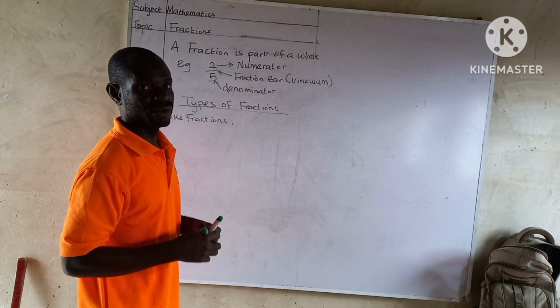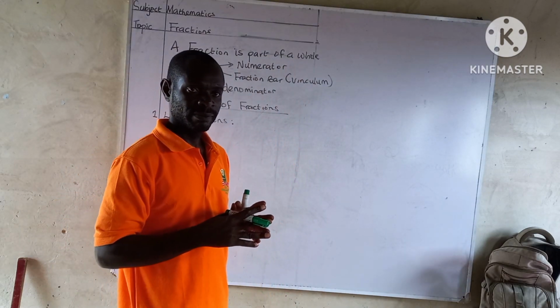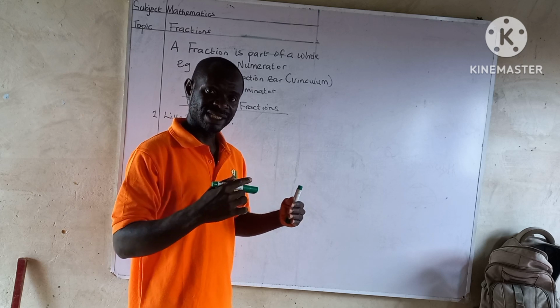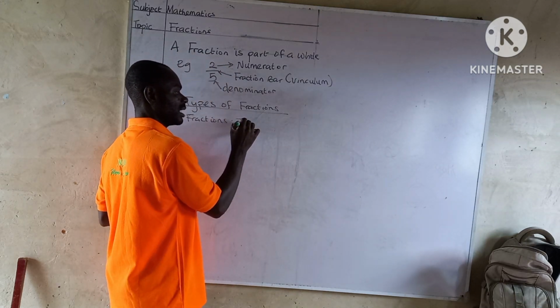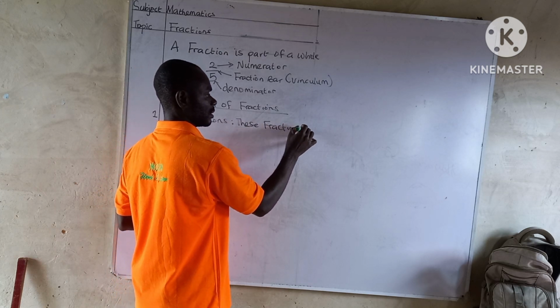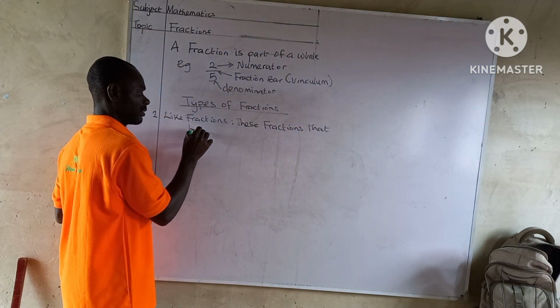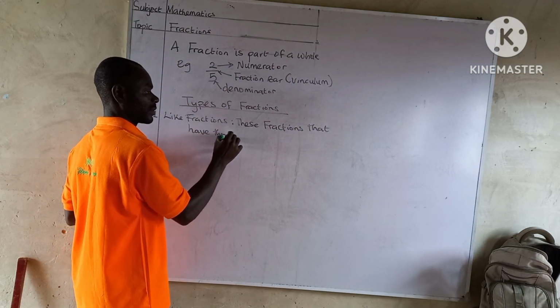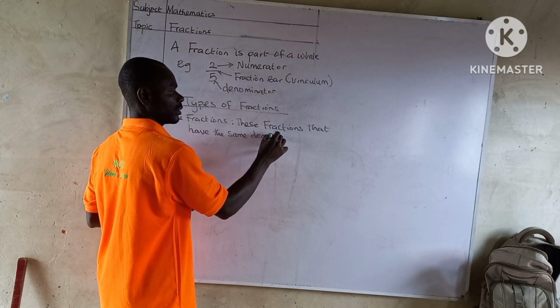Now, what are like fractions? These are fractions in which the denominators are the same. They don't have the same value, but they have the same denominator.